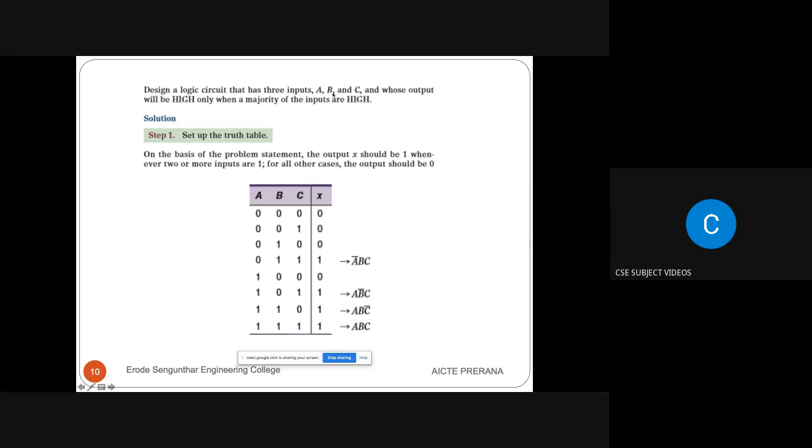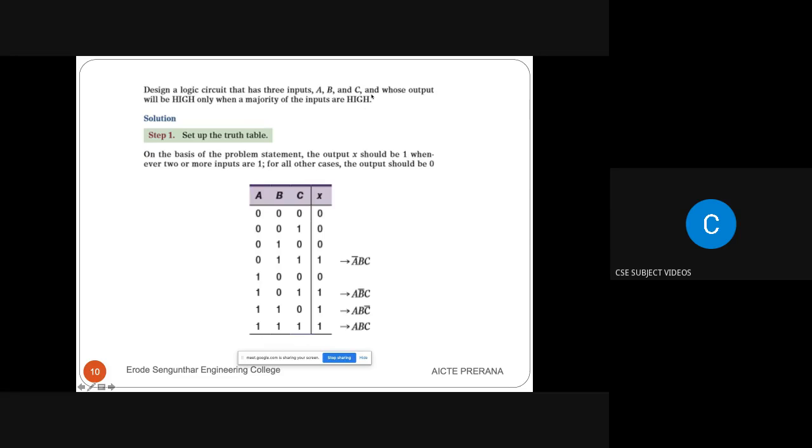After identifying them, we have to set up the truth table. From the question itself, it is mentioned that there are three inputs, which are A, B and C, and the output can be considered as one output.